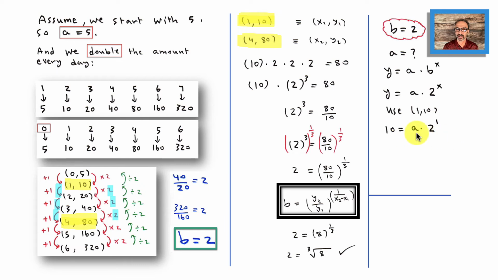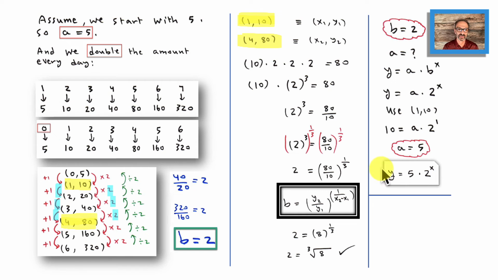Solve this. A times 2 equals 10. So a is 5. So that also supports the concept. Understanding enough about exponentials with simple examples helps a lot applying it to other problems. So y equals 5 times 2 to the power x.